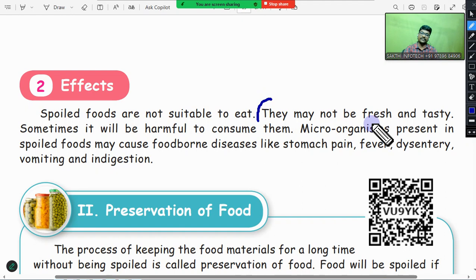They may not be fresh and tasty. Sometimes it will be harmful to consume them.